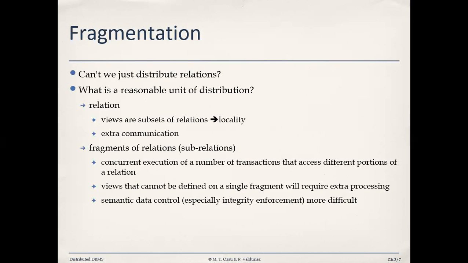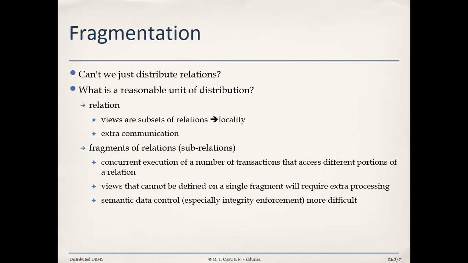Obviously we have concurrent, parallel execution, because a number of users are accessing that data, and multiple queries or applications are acting upon the same data or a portion of the relation. Let's suppose a query is being distributed, and part of the query is sent to employee 1, part of the query is sent to employee 2. That is done in parallel, not sequentially.